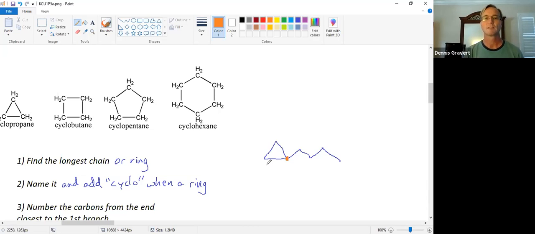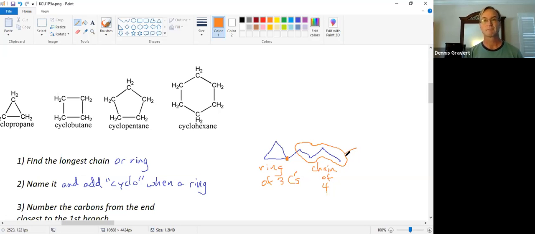So we have a ring of 3 carbons. And then we have 1, 2, 3, 4 carbons in the chain. And so the longest chain or ring wins. So the chain wins. That is the parent. That was step 1. We found the parent. It's the chain of 4 carbons.